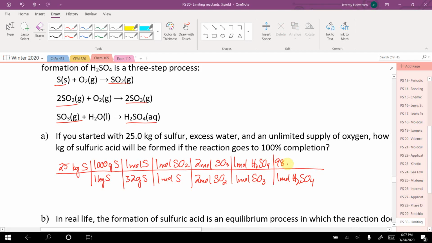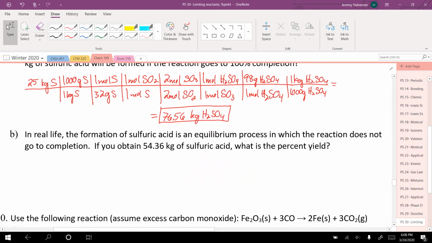Yep, 98 grams of H2SO4 and 1,000 grams in 1 kilogram. All right, so that gets me 76.56 kilograms of sulfuric acid from 25 kilograms of sulfur, as well as a bunch of water and oxygen.